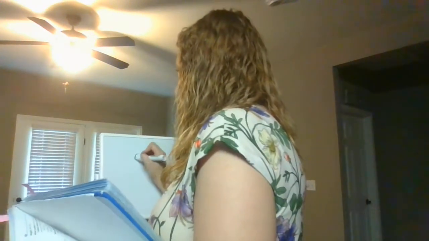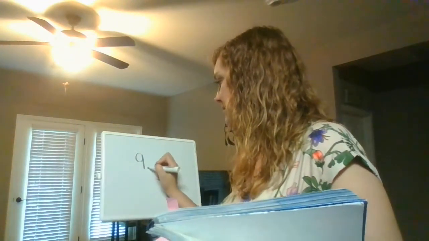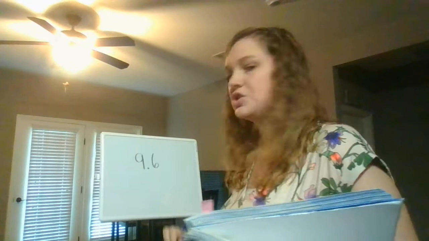It's between 9 and 10, so our whole number is going to be 9. So we can go ahead and write that. But now it's wanting to know the decimal. So we need to count how many tenths it is past the 9. 1, 2, 3, 4, 5, 6. So it's 9 6/10. We write that as a decimal, just like that.